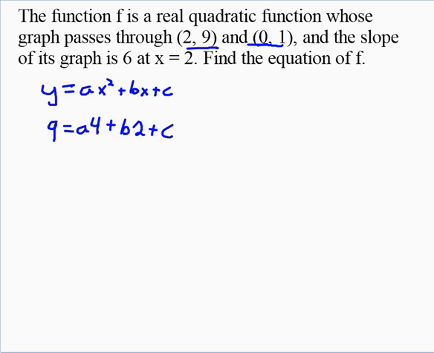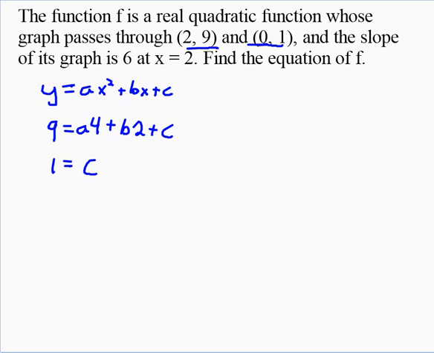We can do the same thing with (0, 1). This works out nicely, because our y value is 1 and our x value is 0, so we're plugging in 0 here. Well, this will be 0. This will be 0, and we just get c. So we actually solved for c, so we know our c value is 1. And we'll come back to some of this stuff later.